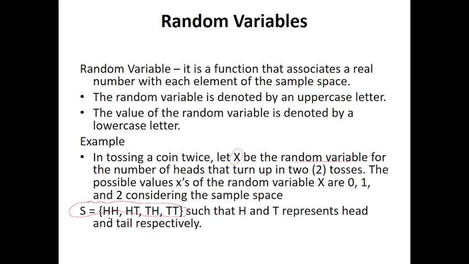Since the random variable, we let that be x, is related to the number of heads that turn up, in here we have 2 heads that turn up. Therefore, this random variable x has a certain value in this outcome.